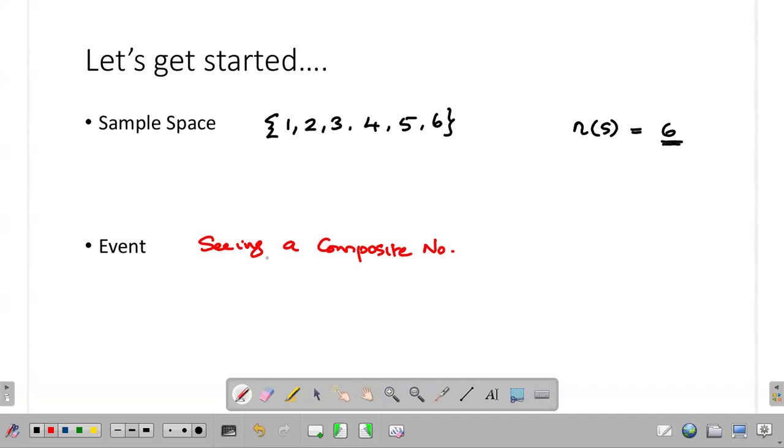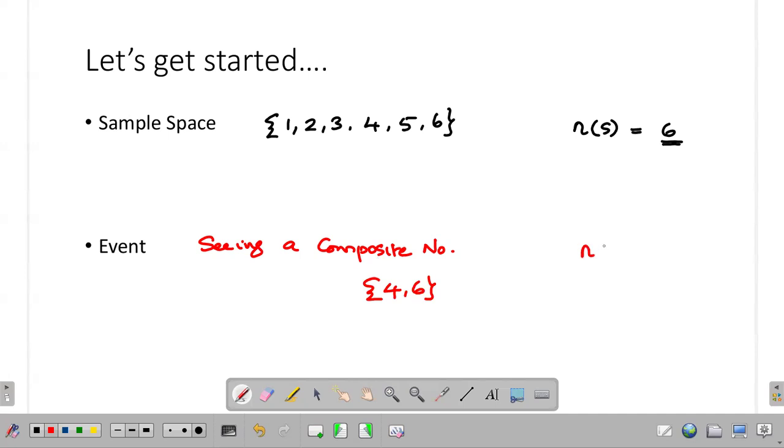And the event I am defining here is me seeing a composite number. So if I see the number 4 or if I see the number 6, then I have satisfied the condition, that is, seeing a composite number.